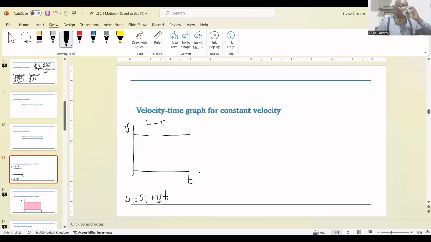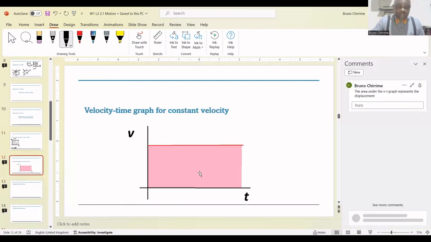Well, we don't have to be rocket scientists. We can come and see the VT graph. The area under the graph, if we even consider our equation, our formula, represents position or displacement. In fact, it represents distance. We have to be accurate about that.